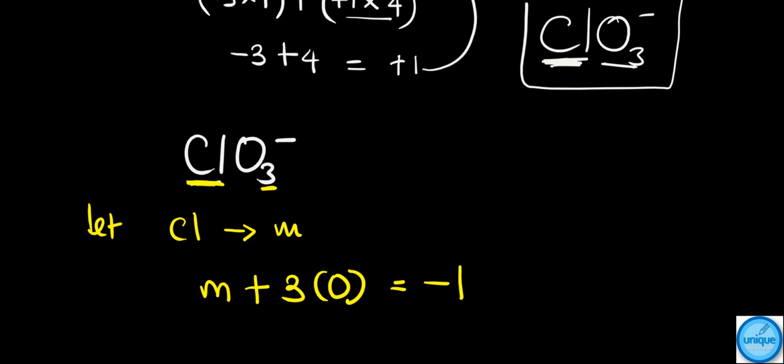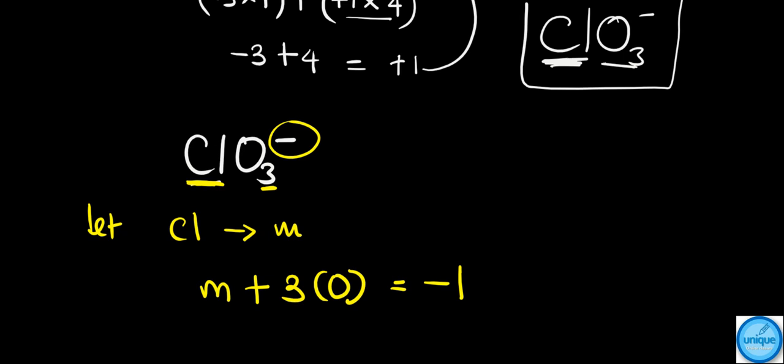Remember, we are applying the rules; this should be rule number 6, if I'm not mistaken, which is picking the charge of an ion.